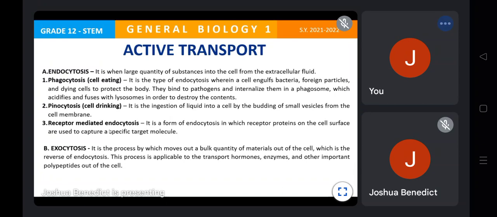So, this is needed especially in puberty. So, the cell will undergo exocytosis. Ilalabas niya yung mga hormones na na-produce to be transported to other parts of the body needing the progesterone and estrogen. So again, pag endocytosis, papasok ng cell, exocytosis, nilalabas ng cell.